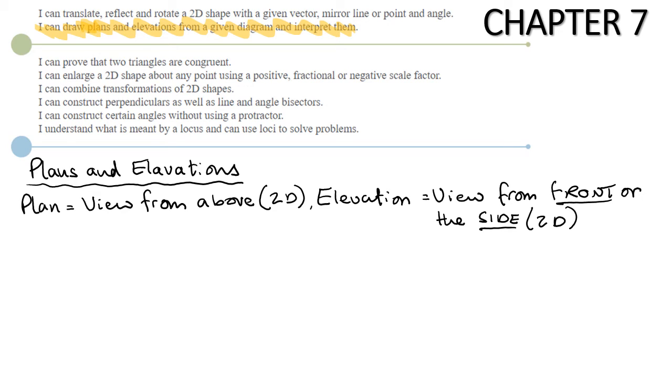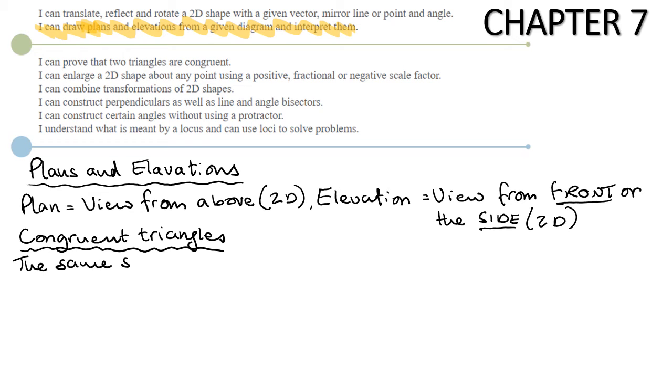Okay, so let's look at congruent triangles. The word congruent actually means agree. So triangles that agree: triangles which are the same shape and size.